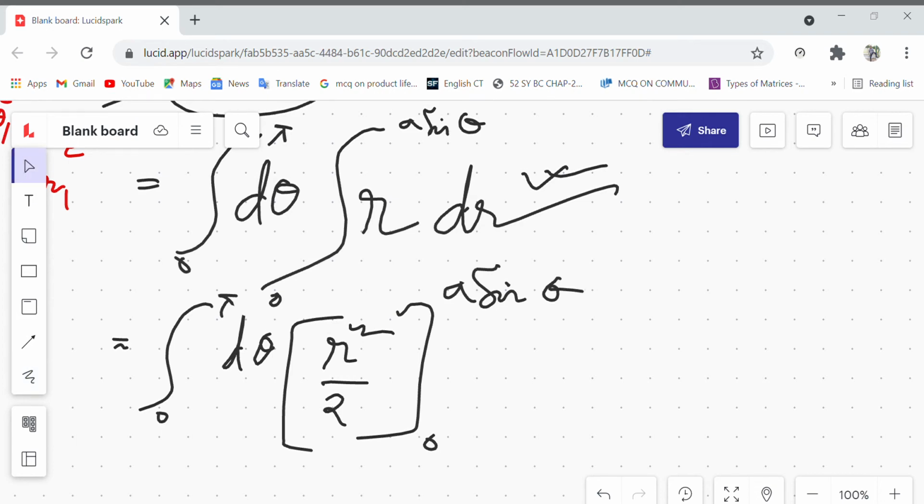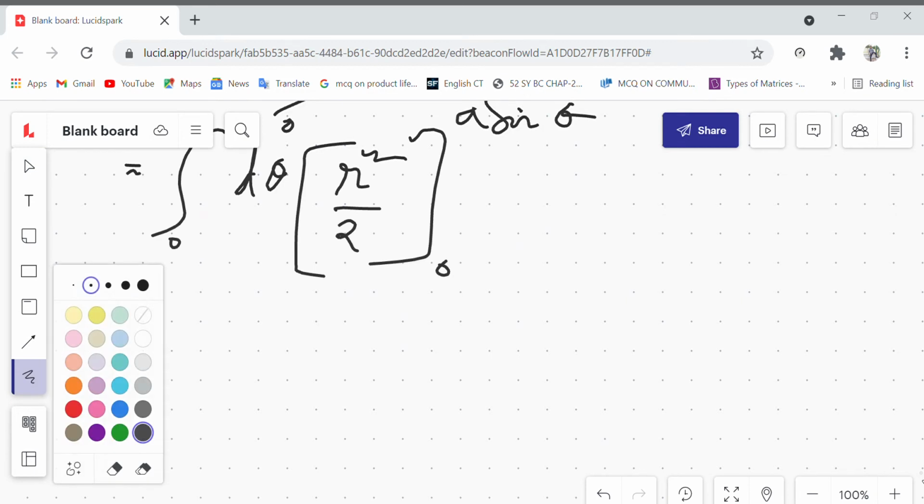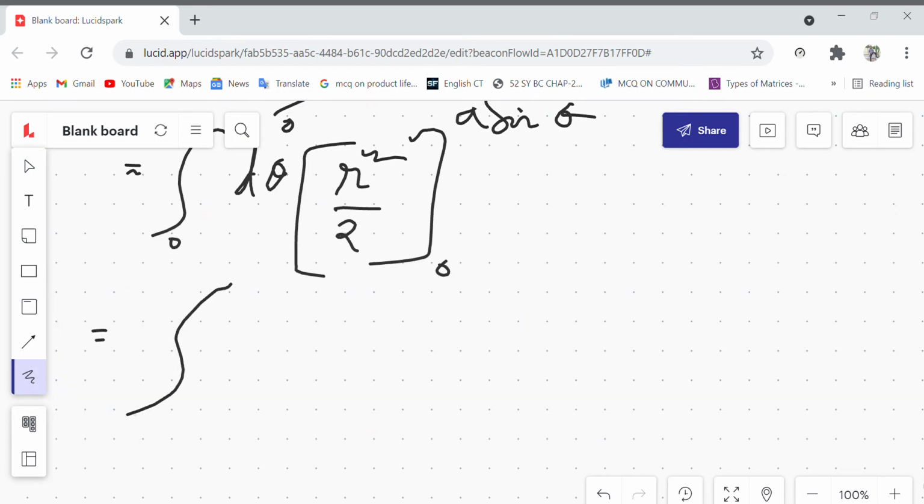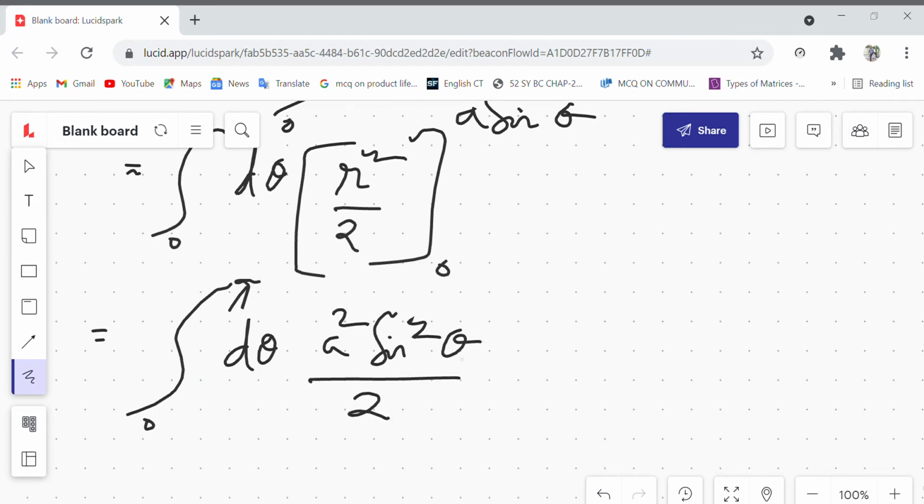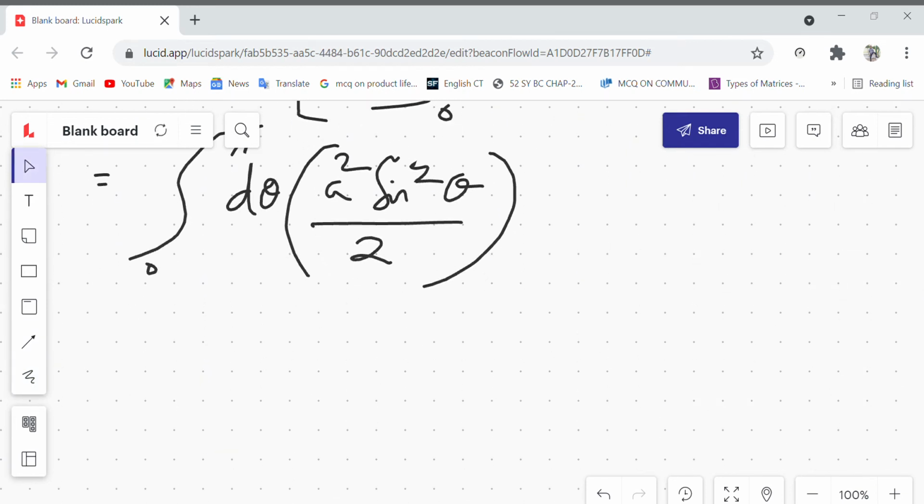Then we have to do integration of 0 to pi, d theta, then a square sine square theta divided by 2. Then what? Equal to, this is constant. A square by 2 is constant, no? We'll take it out, a square by 2.